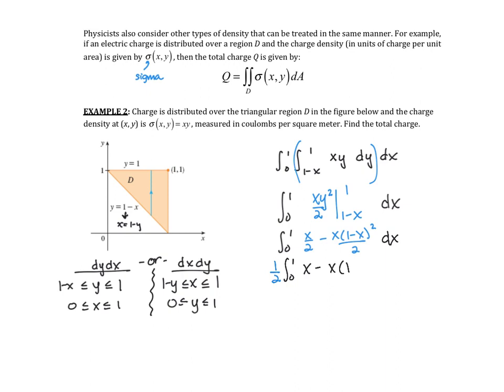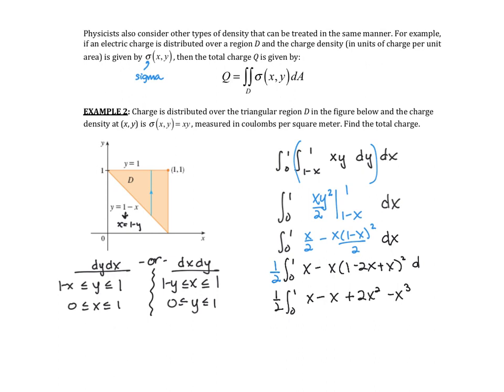If I FOIL that, I'm going to get 1 minus 2x plus x squared dx. And so we get 1/2 the integral from 0 to 1 of x minus x plus 2x squared. Oh my goodness, minus x cubed. Ignore this.